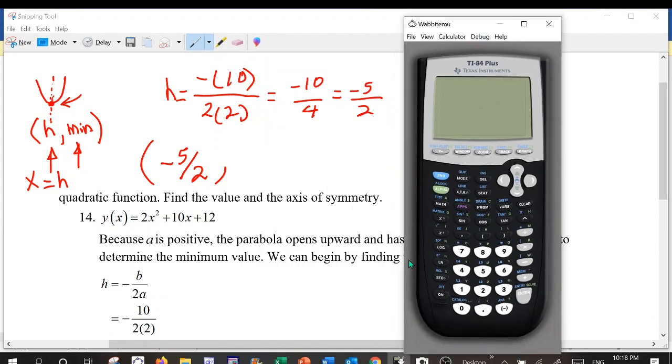Now, we could do it with a calculator this way. We go to y equals, and let me turn off my plot.